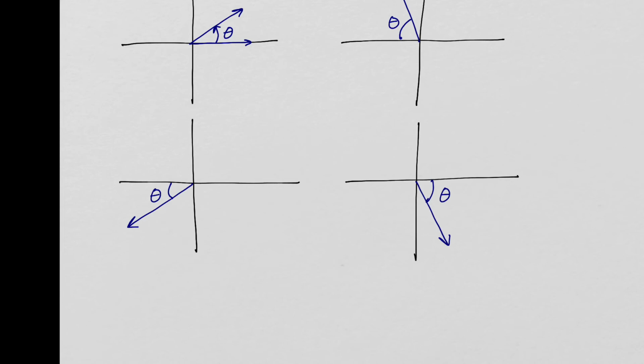Okay, let's do a couple of quick problems, and then there's one more equation I want to give you for something called the area of a sector, and then that'll be it for this section. All right, so a couple more problems here.